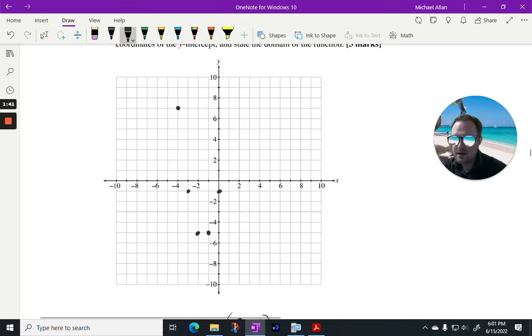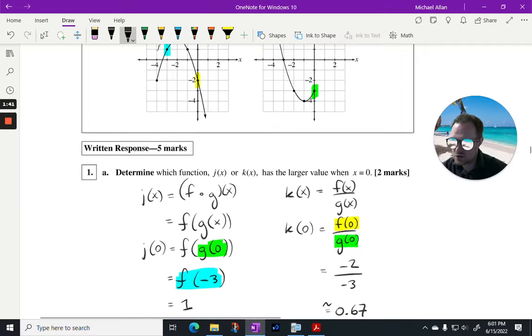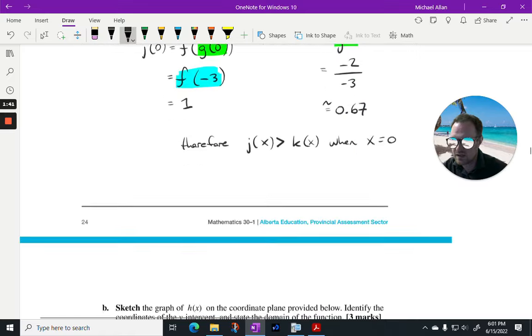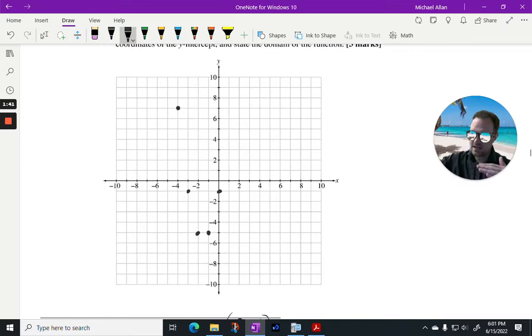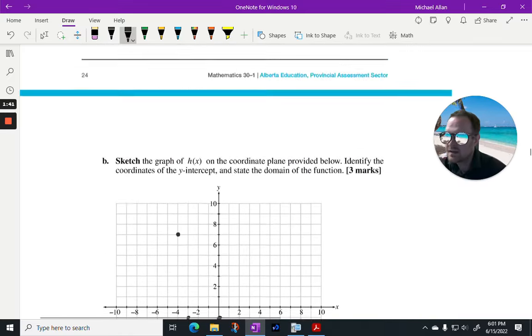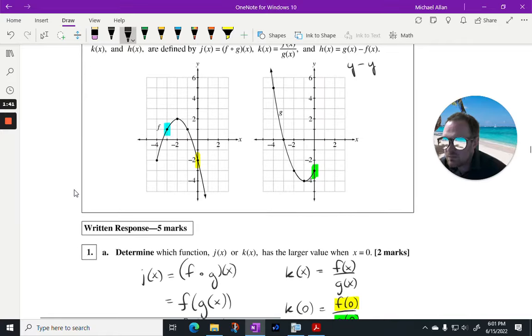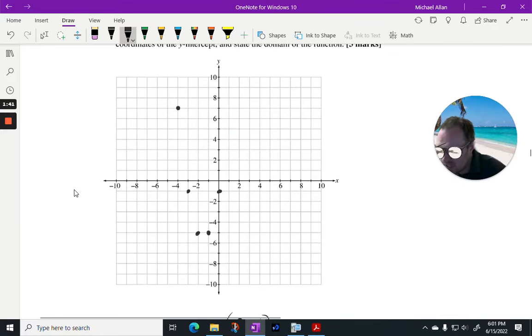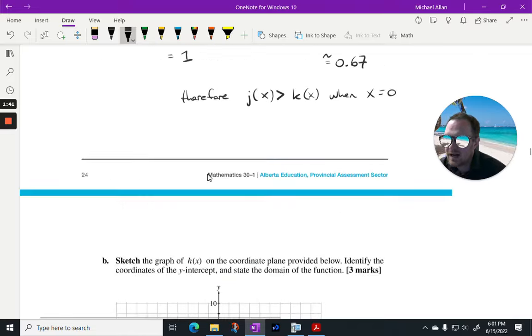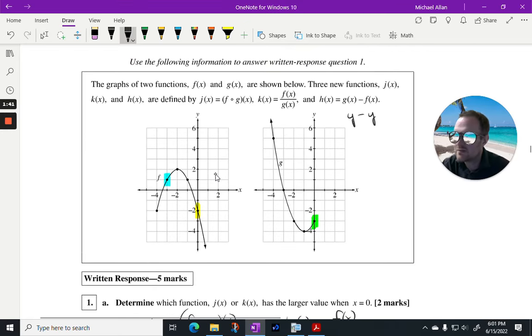Okay. Now, for the next part, I want to just make sure, because I know it's going to be a curve, because if we're subtracting 2, this is definitely not a straight line here. If it was a straight line, obviously the dots would all be straight. So I want to make sure I have the proper minimum value. So at like negative 1.5, I'm going to go back up here to negative 1.5.